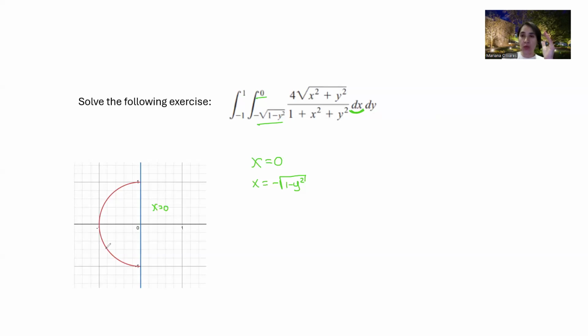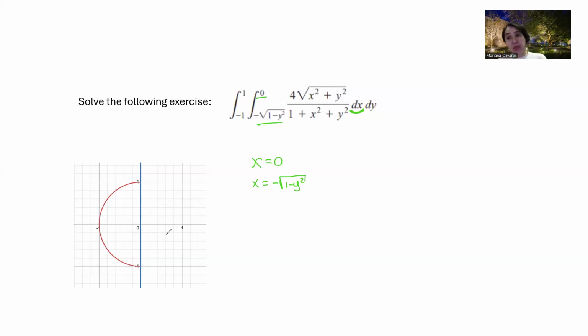If we have the whole circle here, for example, this is the square root of 1 minus y squared, and this is minus the square root of 1 minus y squared, like this. So because we're getting a negative value, that means that we're only having the left side of the circle. So with this, we can notice that basically what we have is a region which is associated to a piece of circle. And that is a clue when we're trying to solve the integrals.